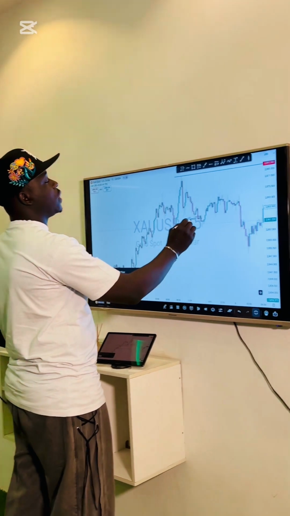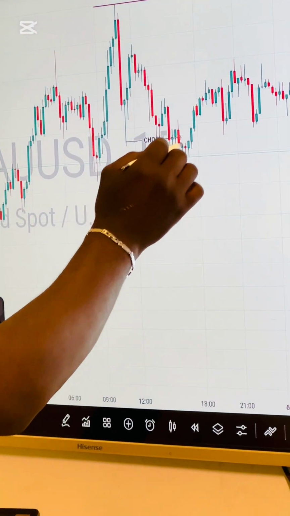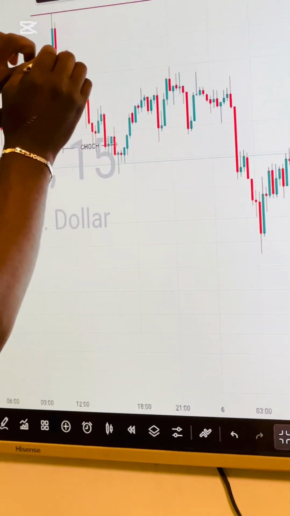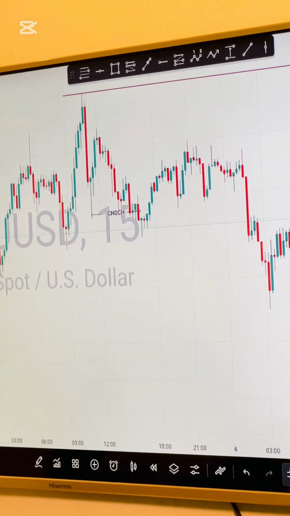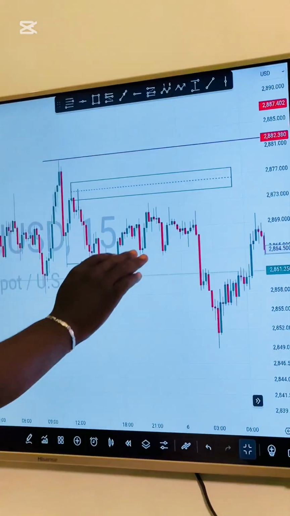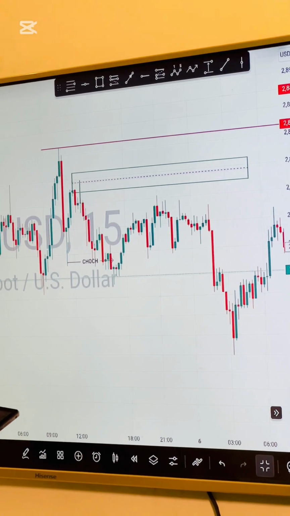So while we've gotten our change of character here, and price attempts to go back for a pullback, if price could surpass this very candle, let me draw this candle. Anything that can make price come back for a pullback to cross this very line, we are not going to use it.